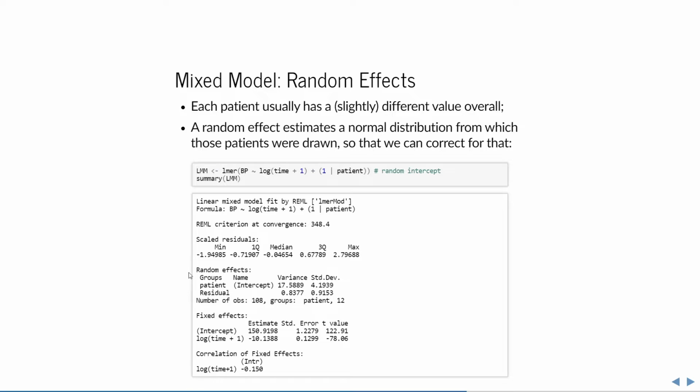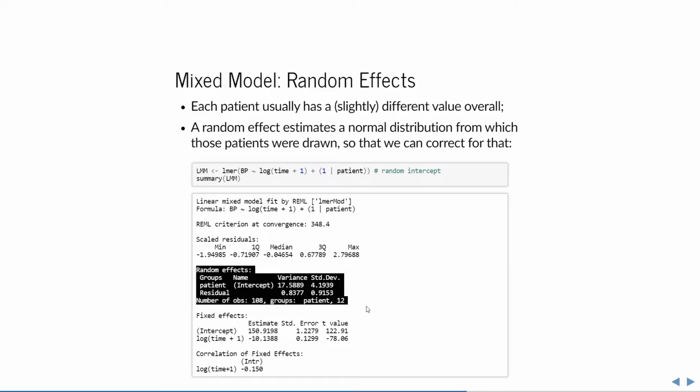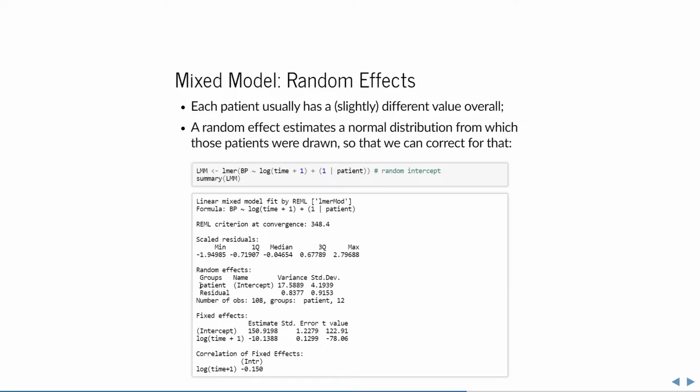Alright, then we get to the interesting part, because this is the part that makes it a mixed model, namely random and fixed effects. So in the random effects type, we see what we did. Namely, we have a random effect for a patient encoded as an intercept, here the 1, and the model has estimated a random variance of 17.5, and the standard deviation is just the square root of that.